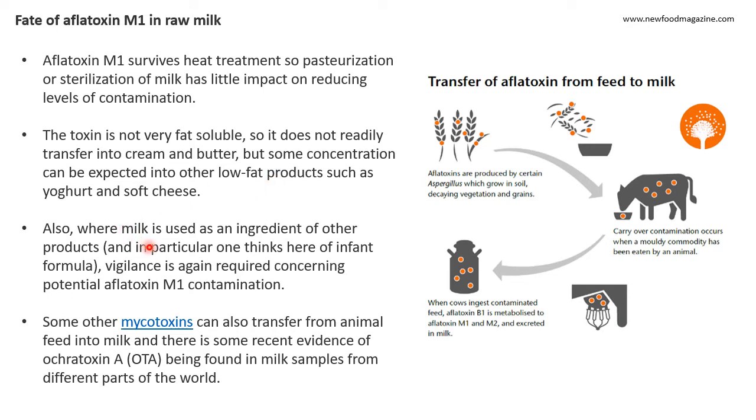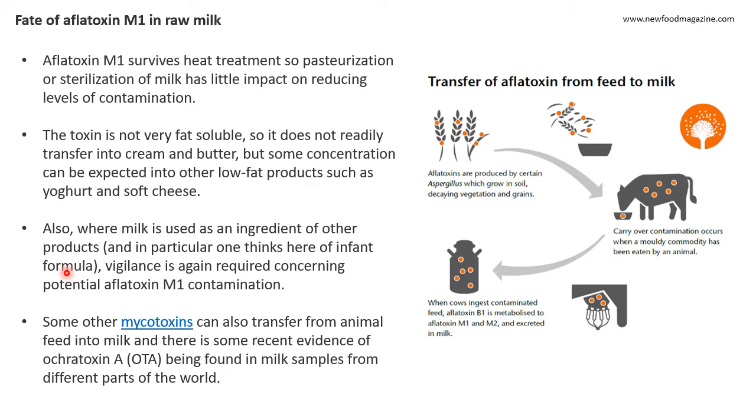Also, where milk is used as an ingredient for other products like infant formula, vigilance is again required concerning potential aflatoxin M1 contamination. What is vigilance here? It is keeping careful watch on the possible danger of aflatoxin M1 contamination, because you are using milk for infant formula, which is to be given to babies.